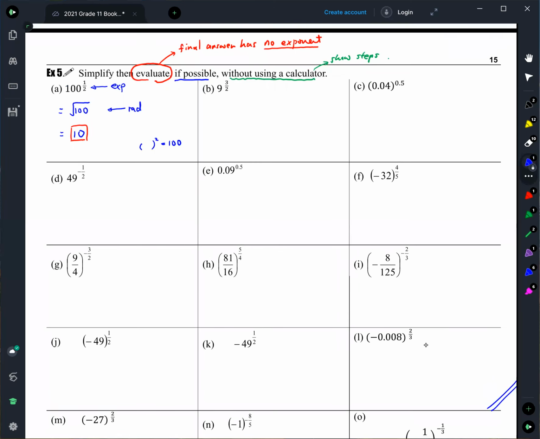So remember, your final answer has no exponent, and also no radicals. All these questions are set up so that you can evaluate. Also pay attention, sometimes you might get undefined. Sometimes you get answers.